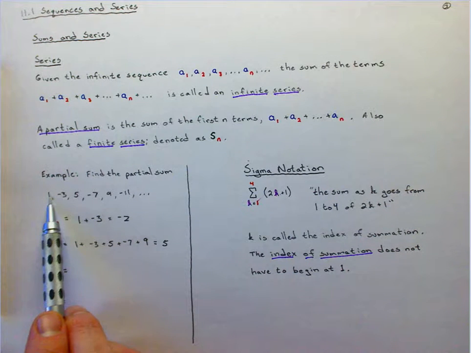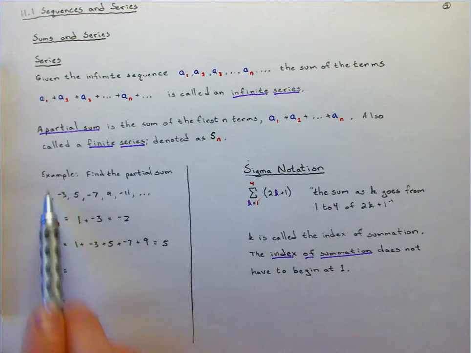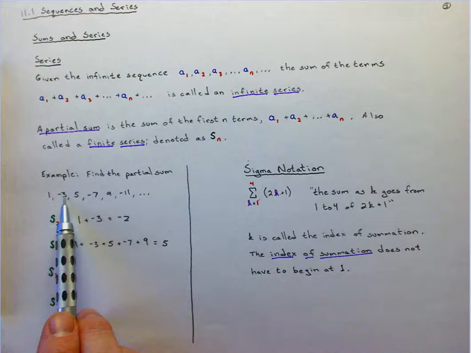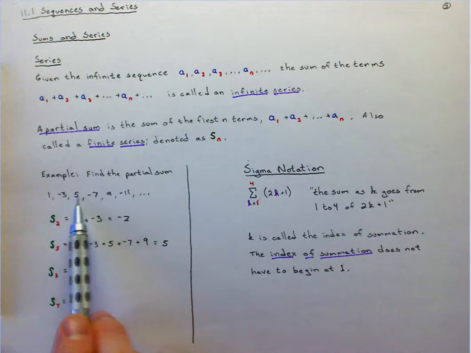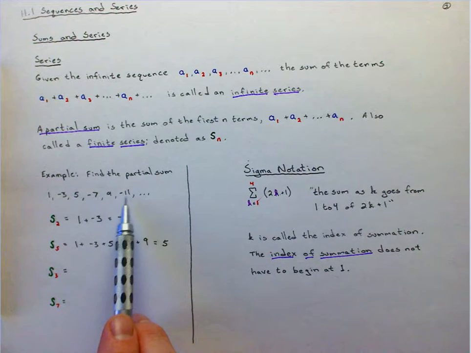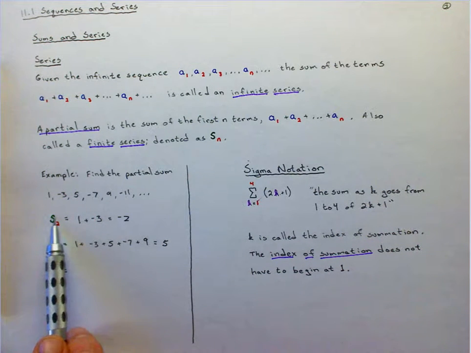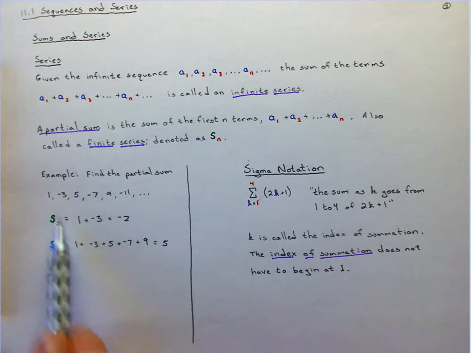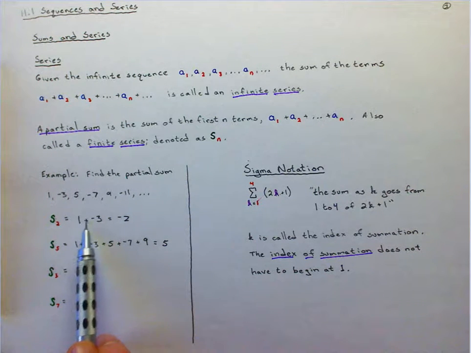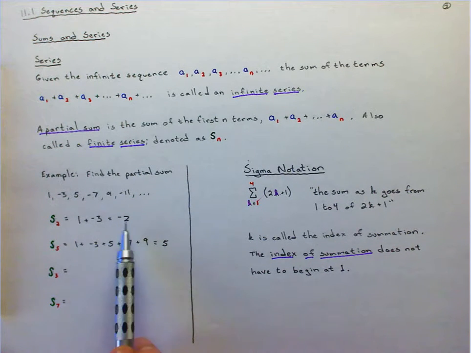So I can look up here, this is where n equals 1, this one will be n equals 2, n equals 3, n equals 4, n equals 5, n equals 6, and so on. So for S sub 2, that is the first term plus the second term, which gives me a negative 2.